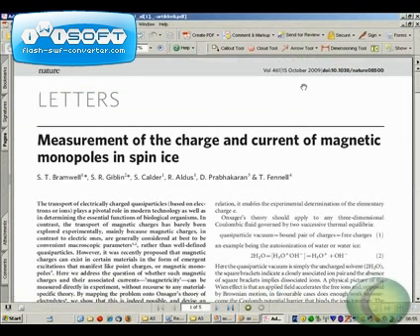Measurement of the charge and current of magnetic monopoles in spin ice. Monopole is not a dipole, but that is like a point charge. They say that in spin ice there would be magnetic monopoles. I tried to read the article, but I didn't understand anything. But I urge you, perhaps read that.